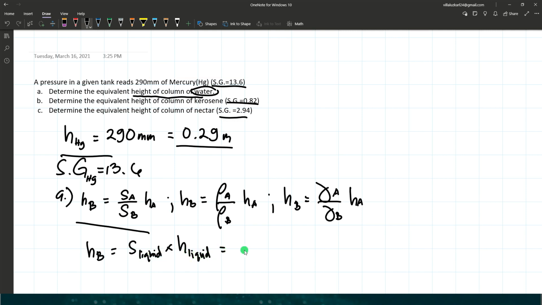So the liquid given is mercury. So the specific gravity of mercury multiplied by the height or the pressure head equivalent of mercury. So specific gravity is 13.6 for mercury multiplied by pressure head of 290 mm or 0.29 meters.